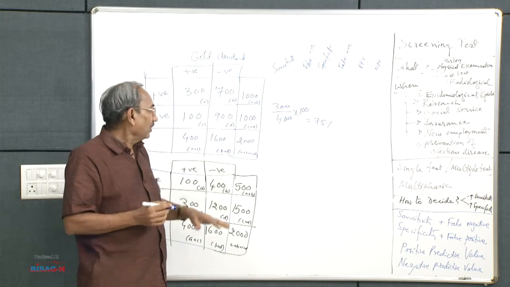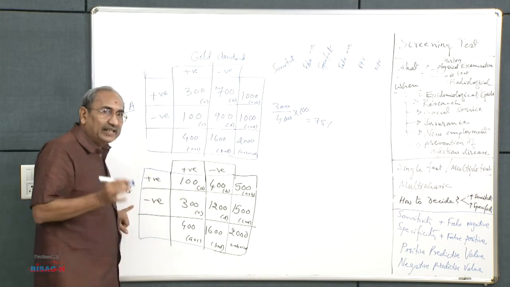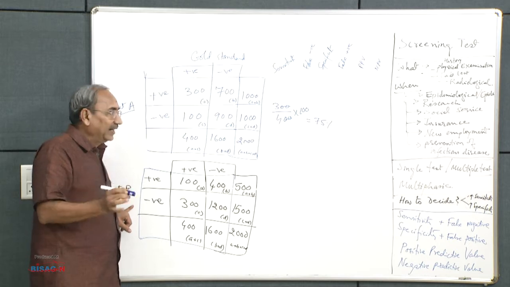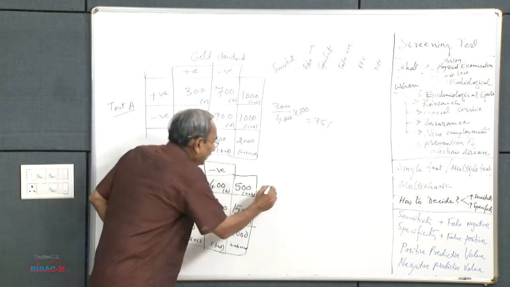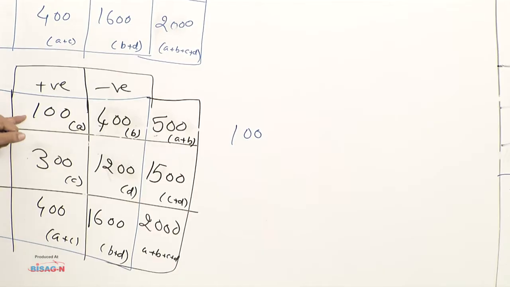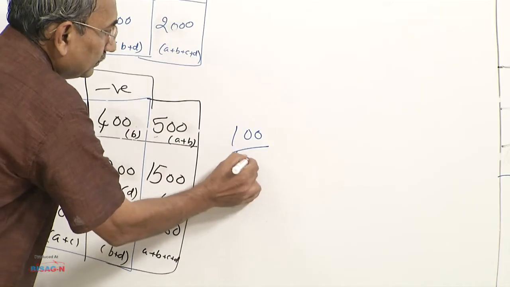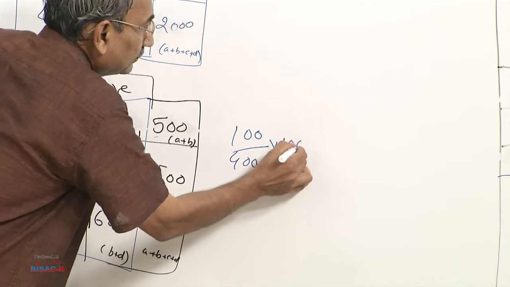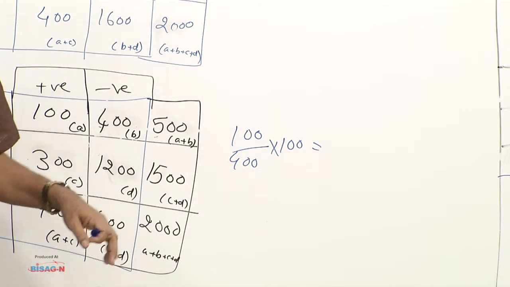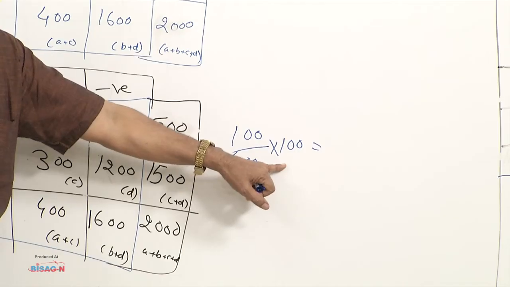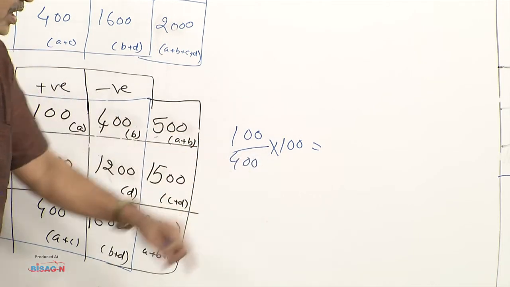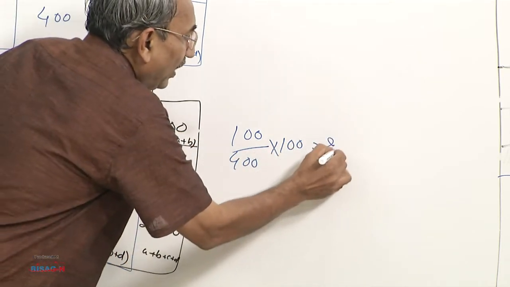While if you see what is the sensitivity in test B, it is 100 out of 400. Because we want to convert into a percentage, we multiply by 100. So, it is 25%.